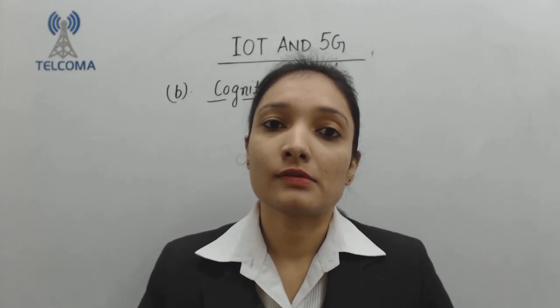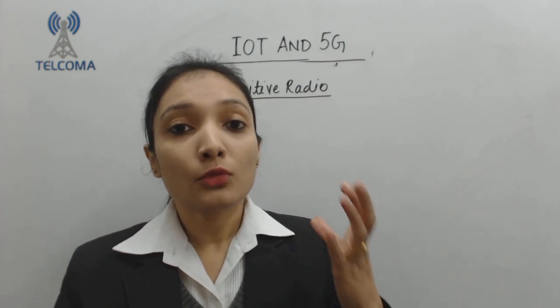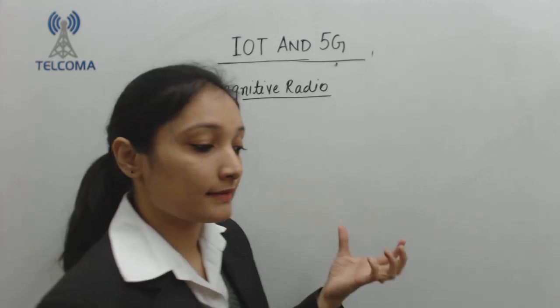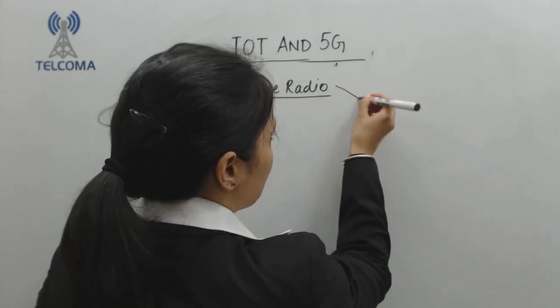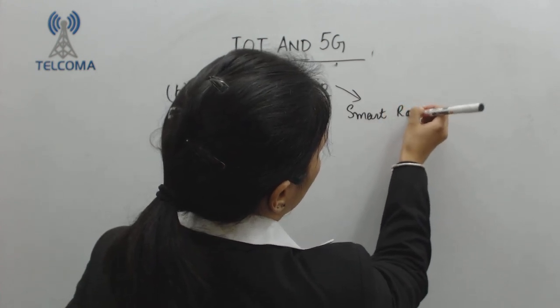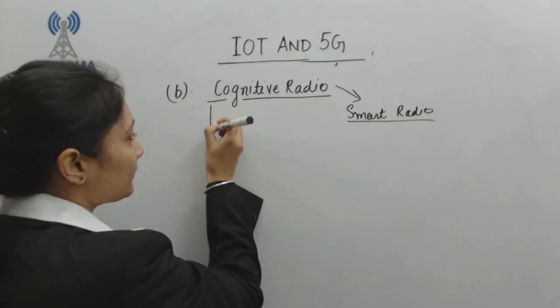Now, the fifth generation of cellular technology can become smarter by utilizing these cognitive radios, or we can say the smart radio systems. So this is basically implemented here.